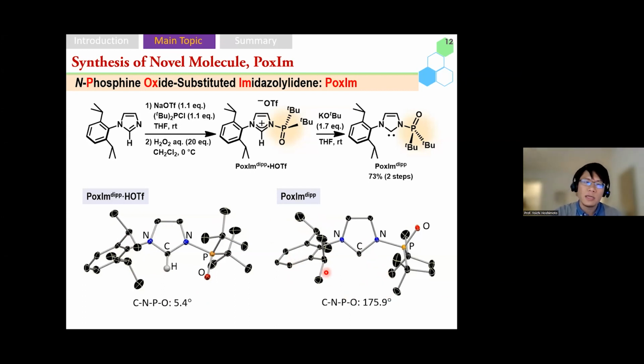In fact, we experimentally and theoretically confirmed that rotation of this phosphine oxide can easily proceed at room temperature with an activation barrier of about 10 to 14 kcal/mol. But Toxin predominantly exists as this anti-conformer to avoid lone pair repulsion between carbene and oxygen.